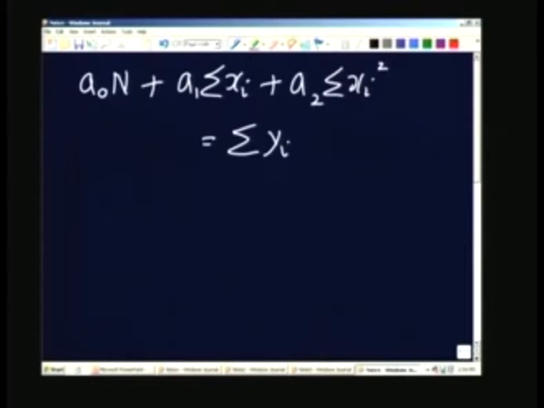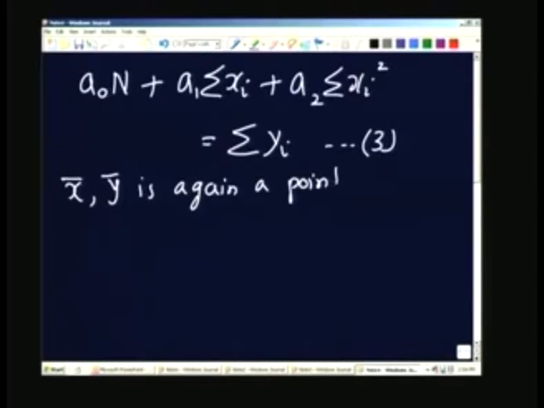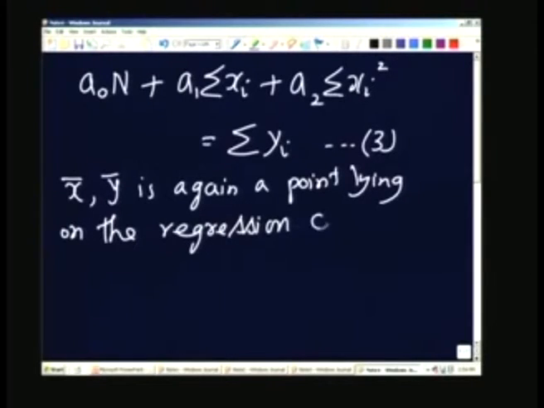Actually, this equation has a very simple meaning, that x bar, y bar is again a point lying on the regression curve, which is a quadratic in this particular case.